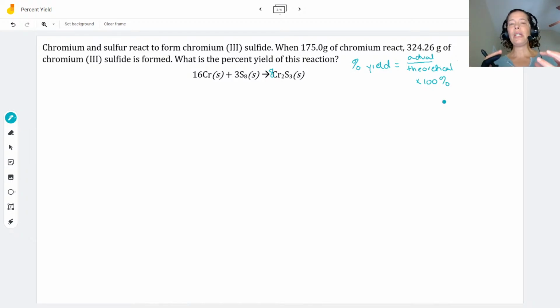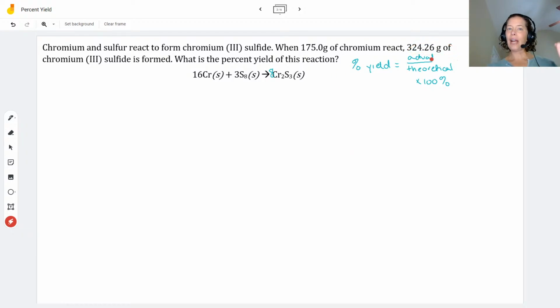So we have an actual yield. The actual yield refers to you go to the lab, you run this reaction, how much of a product do you actually get? The theoretical yield refers to the yield you would predict just doing stoichiometry, just doing this on paper. So what we have here is a yield.